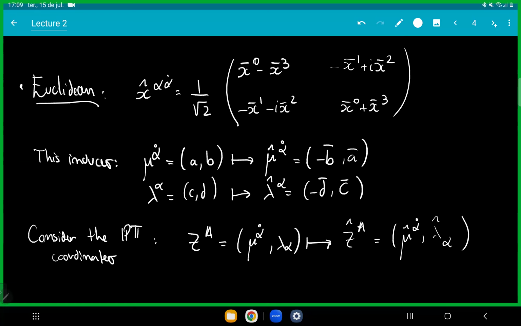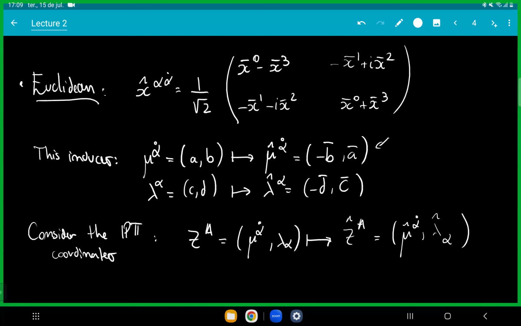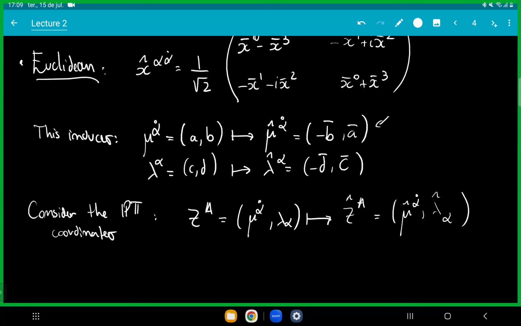Now, because we didn't change between the representations, we didn't raise and lower indices when we take this conjugation, we just change the actual components of these over here. So at the level of these components, this becomes a little bit more important. Now, if you want to, you can do this exercise on twistor space.